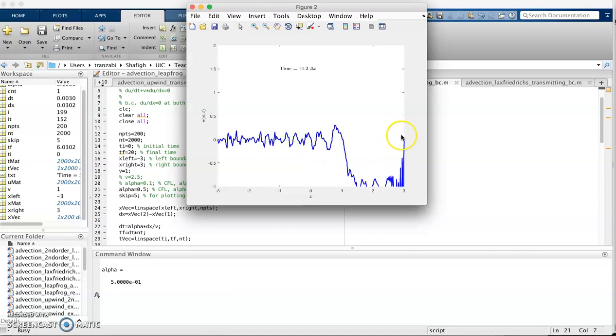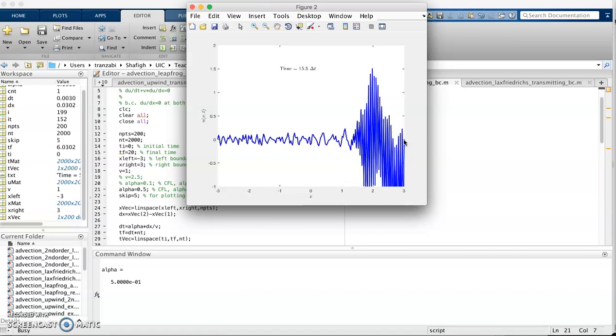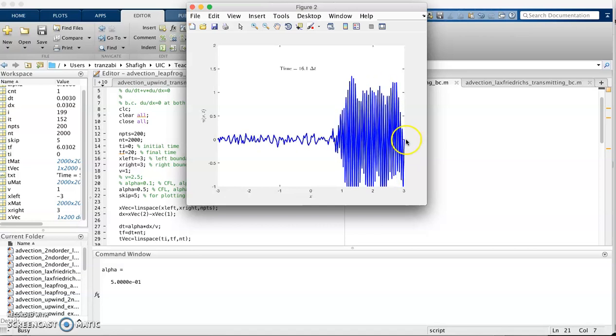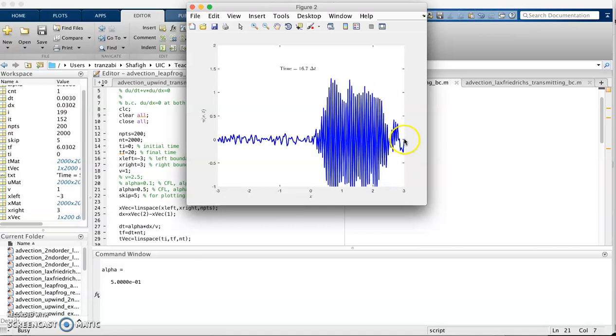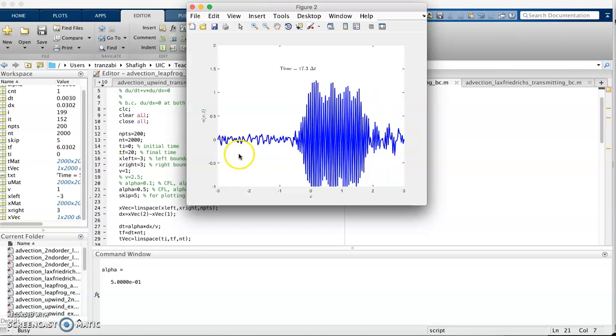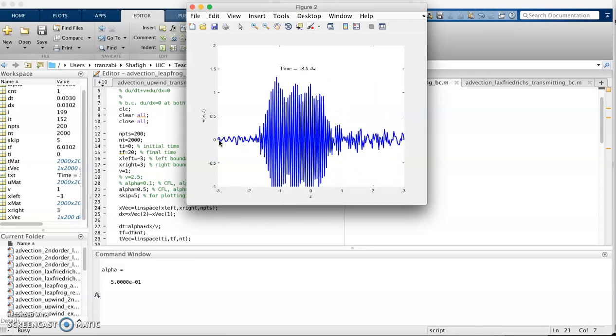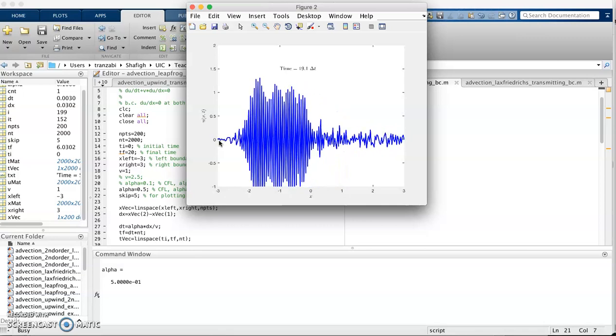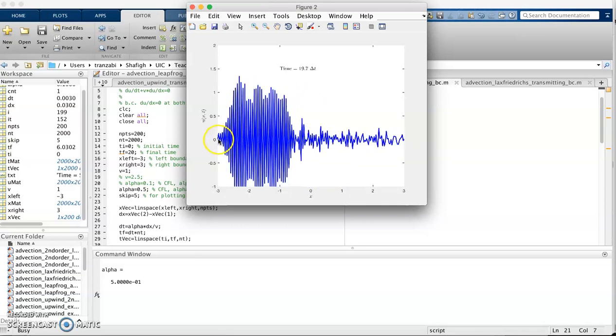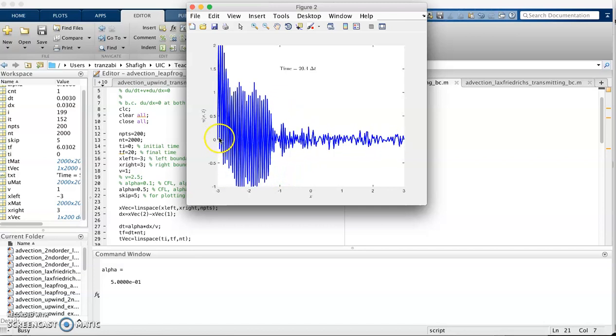Alright, so again, I'm looking at absorbing boundary, which means the concentration has to be 0 at this point, and that's exactly it, you see this one is always pinned. The left side is also absorbing, so it means the concentration has to be 0. And so now when it hits here, you see the concentration is always 0.